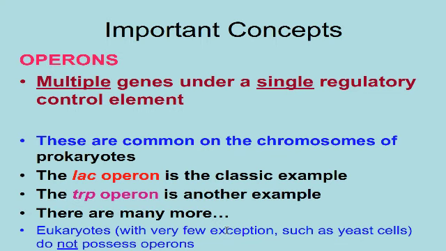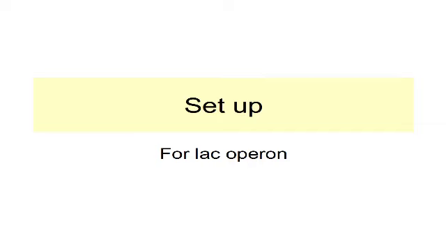There were some discoveries recently that suggest that yeast cells have a few operons dispersed throughout their DNA, but that's not a common architecture. So let's spend a few moments looking at the arrangement of the information in the Lac Operon before we move on to look at its function.